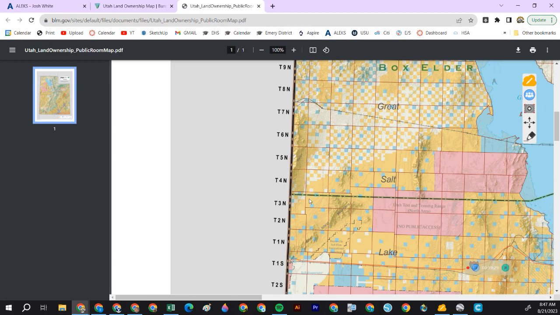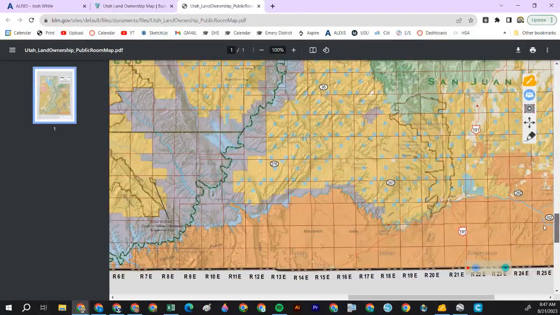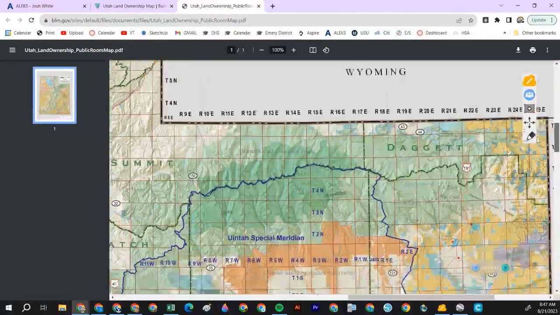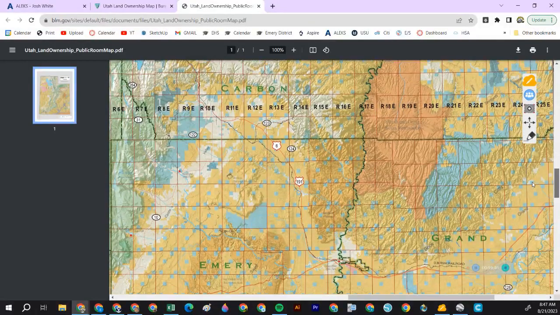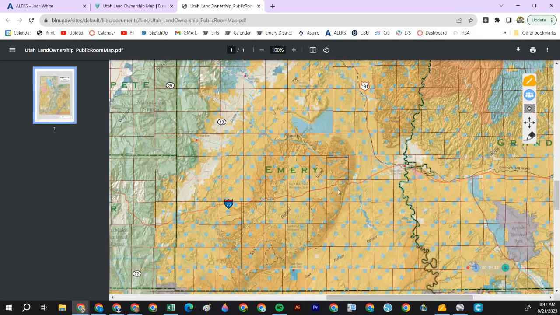Look how these aren't even the right shape at all. And that's what happens when you try to draw squares on a globe. So if we come down and look at Emery County, look at this. They have to sort of fudge the edges to make it work.